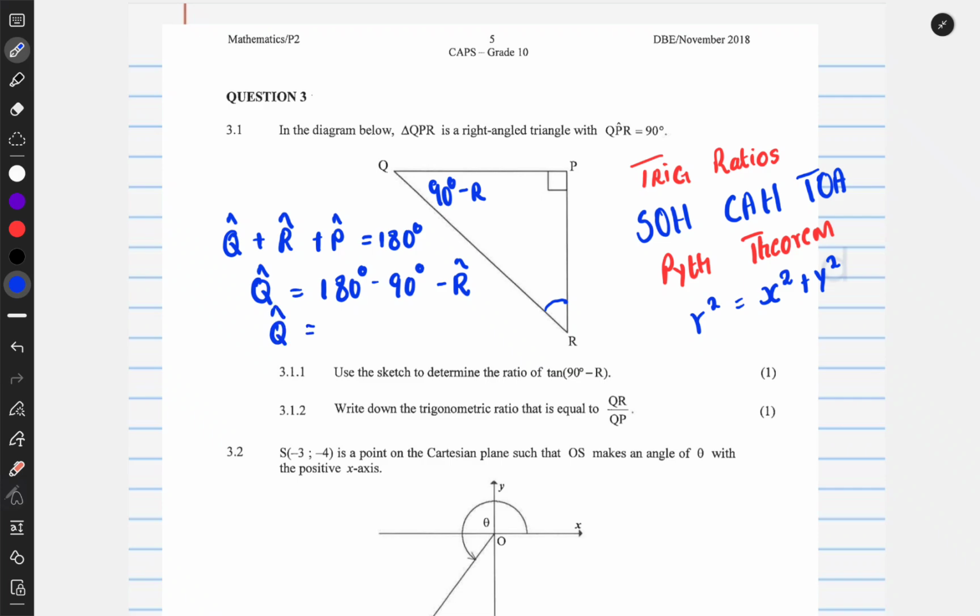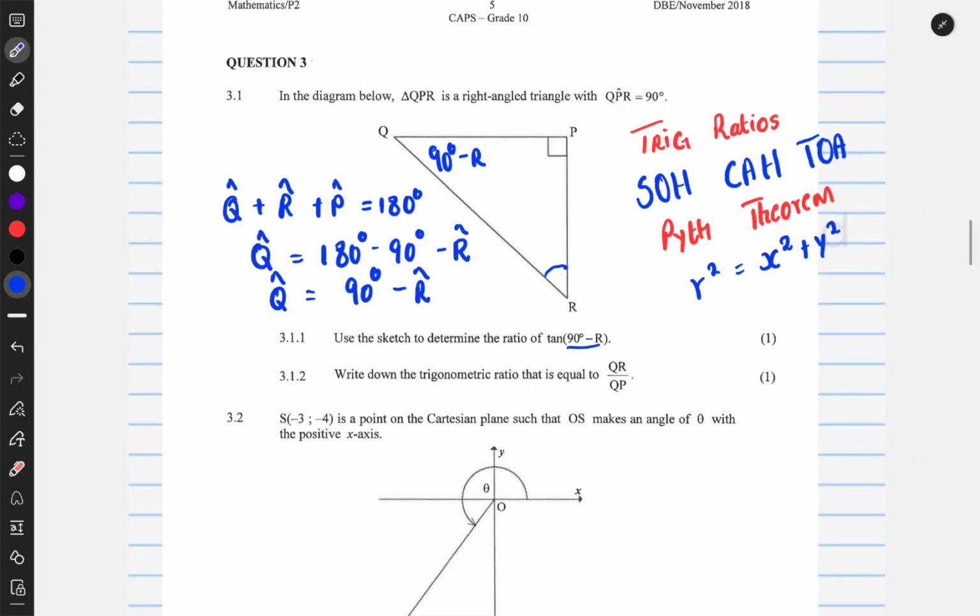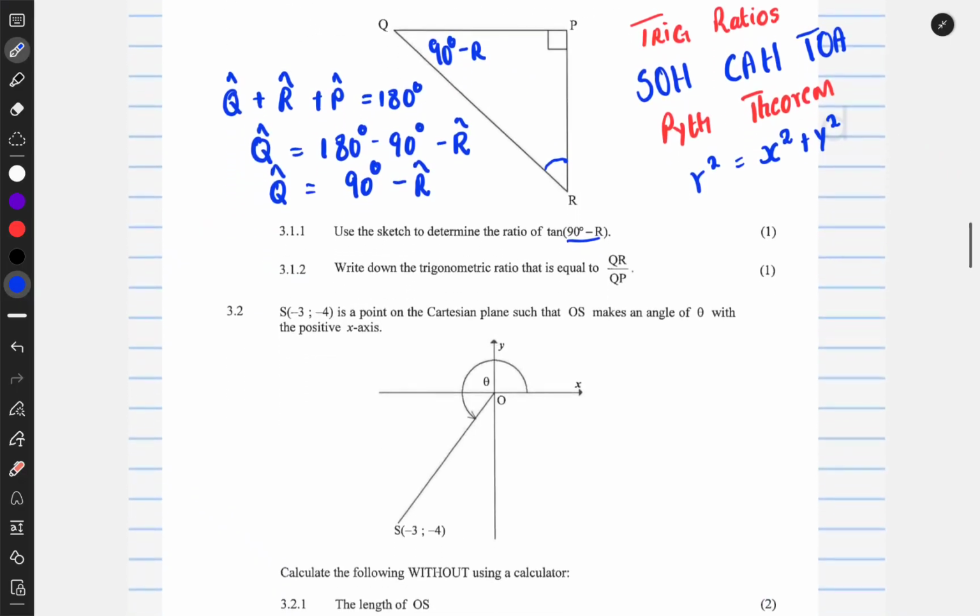Therefore, angle q is equal to 180 minus 90, which is 90 degrees, minus angle r. Hence, this angle that they are referring to here, which is 90 minus r, is essentially angle q. So we need to determine the ratio for the tangent of angle q.